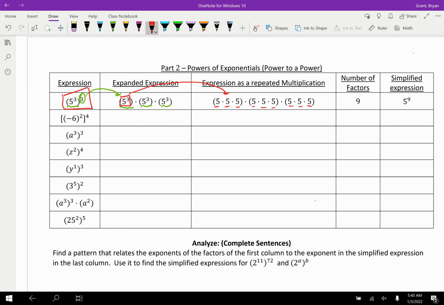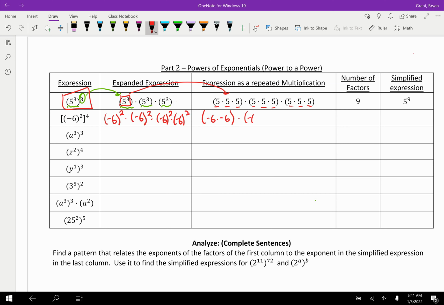You should find, and I'll just demonstrate one of these and then we can check the rest, that negative 6 squared to the 4th means you have 4 of these negative 6 squareds, or negative 6 to the second power, like so. Right? And then each negative 6, and I'll keep these in parentheses, happens twice.